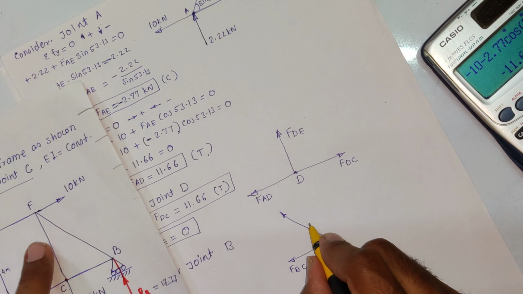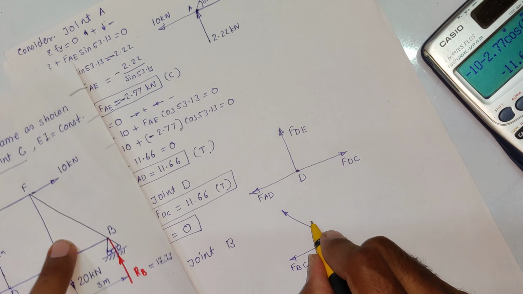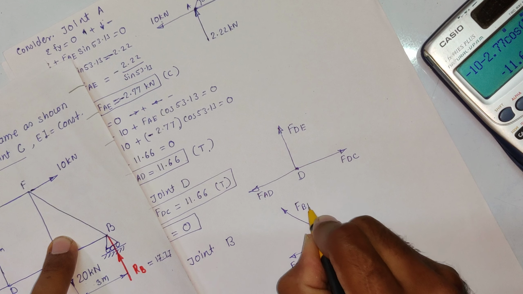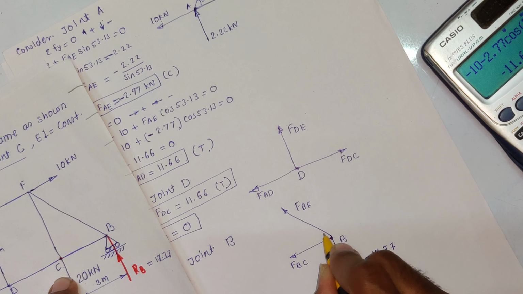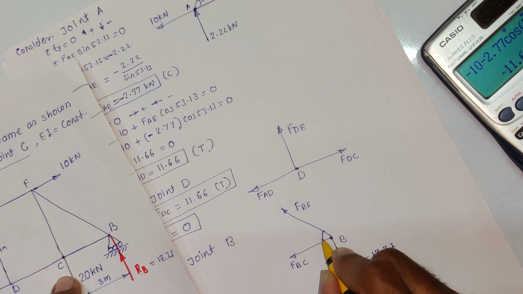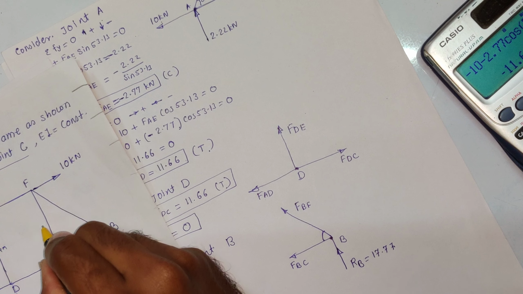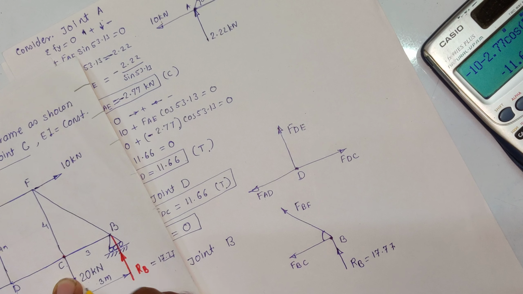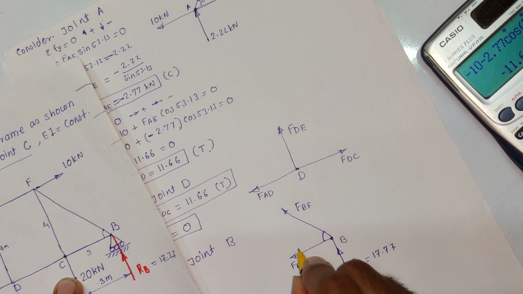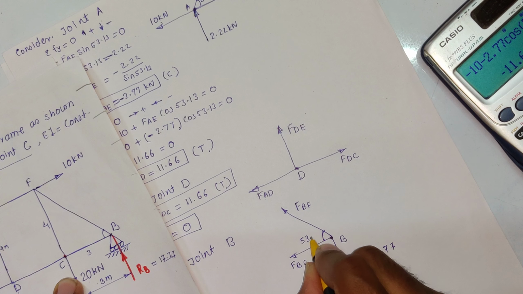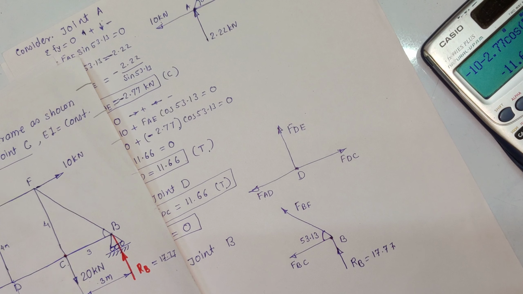So this is FBF, this is FBC, right? And this included angle is, as you can see, this is 3 and this is 4. So this angle become 53.13, right?